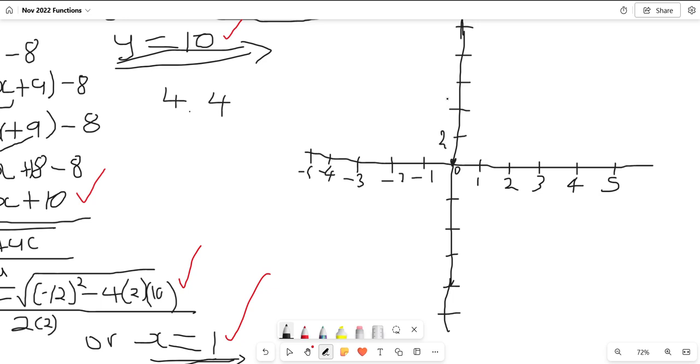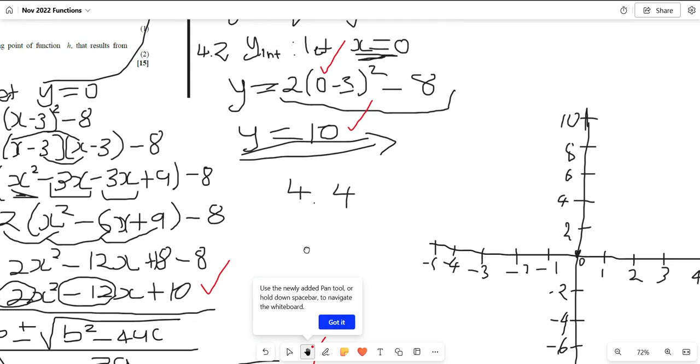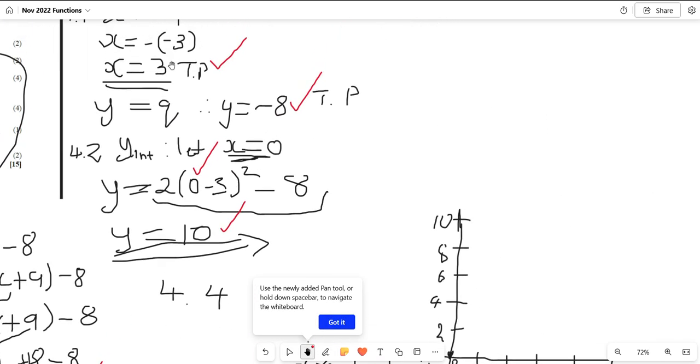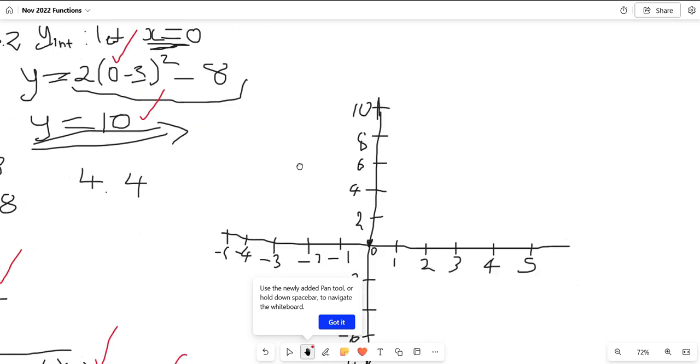We have positive 2, positive 4, positive 6, positive 8, positive 10, negative 2, negative 4, negative 6, negative 8, and negative 10. Now let us check our points there. The turning point says on the x let us go to positive 3, and on the y we go to negative 8. 3 on the x, negative 8 on the y.